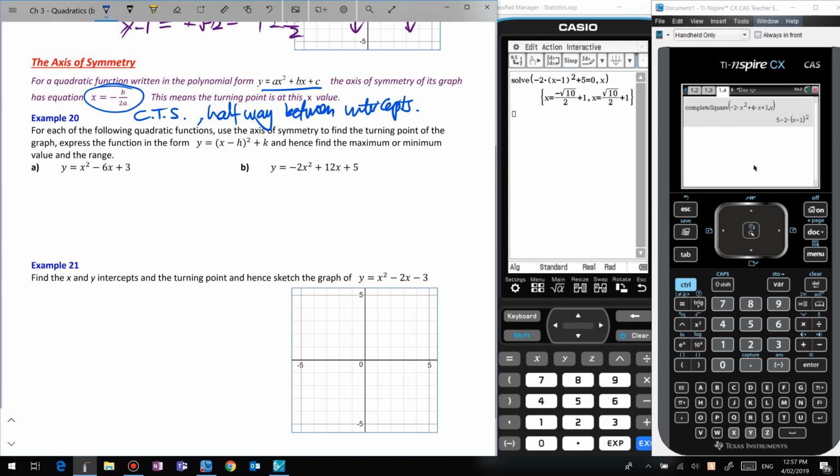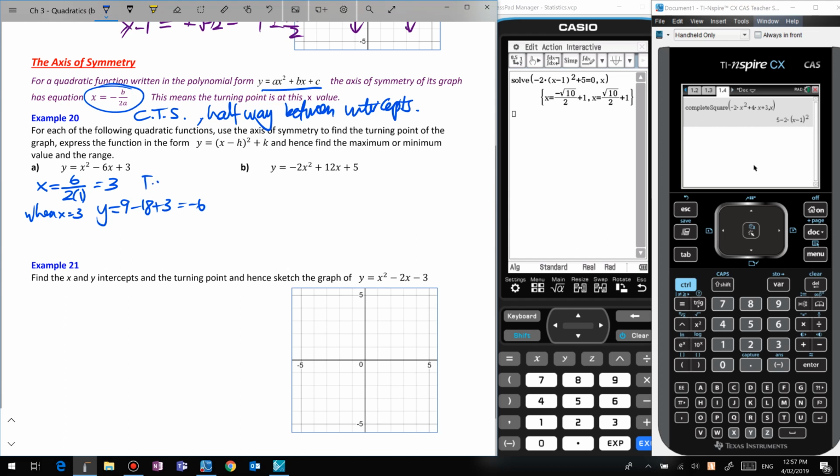Okay, so for each of the following quadratics, use the axis of symmetry to determine the turning point of the graph. Express the function in the form y equals x minus h squared plus k, and hence find the maximum and minimum value on the range. Okay, so we know x is equal to negative b, so negative 6, on 2 times a, which is 1. So when x equals 3, we've got the turning point. When x equals 3, y is 9 minus 18 plus 3, which is negative 6.